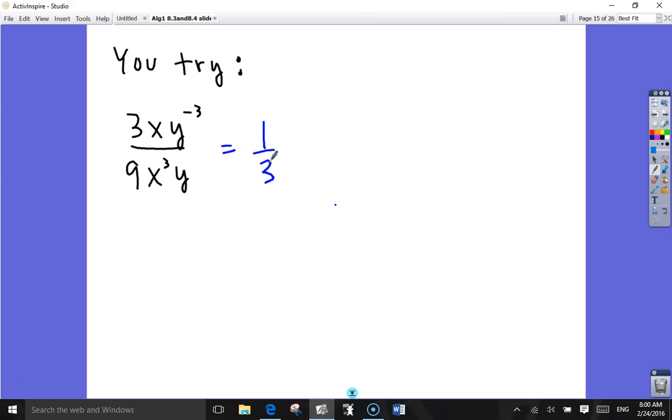Okay, x divided by x to the third. If you subtract, remember, there's a 1 here, so that's x to the negative 2. And then negative 3 minus 1, y to the negative 4. Okay, but we don't want to have negative exponents, so we will move them to the denominator: 1 over 3x squared y to the fourth.